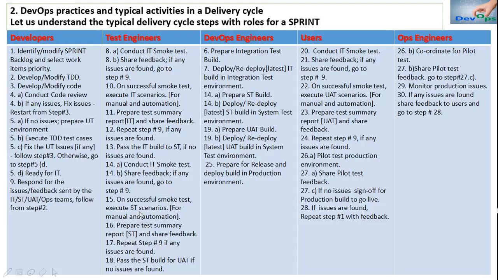And once ST is successful, they pass the build to UAT. In the 19th activity, DevOps engineers take the UAT build and deploy it. Then in 20, they are going to conduct the UAT smoke test.